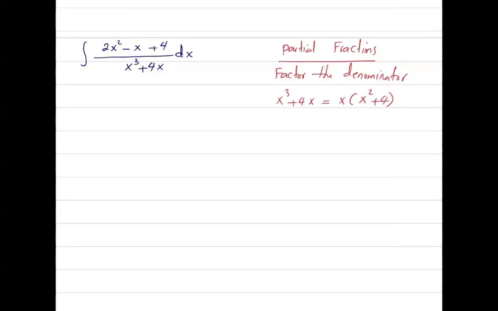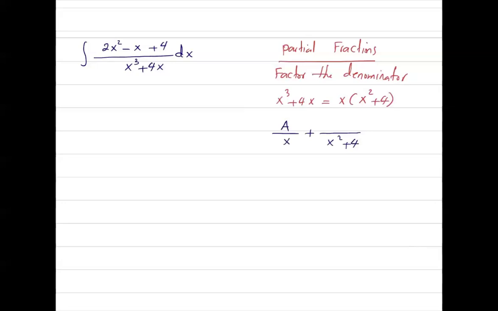Now, based on the denominator, we decide on the partial fractions. Your denominator is x times (x squared plus 4). So the partial fractions you end up with are A divided by x plus, for your second fraction, x squared plus 4 goes in the denominator.